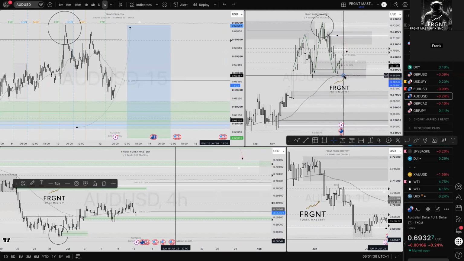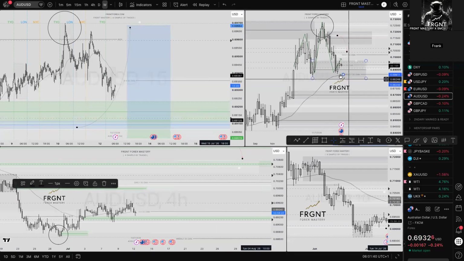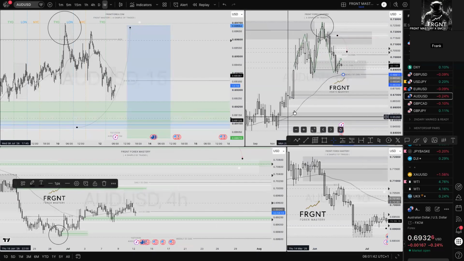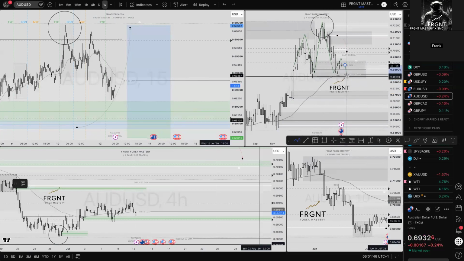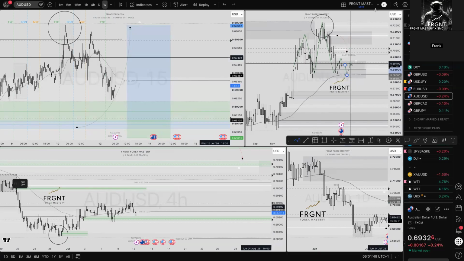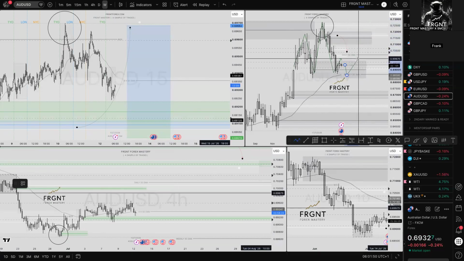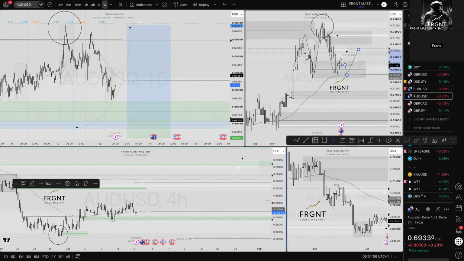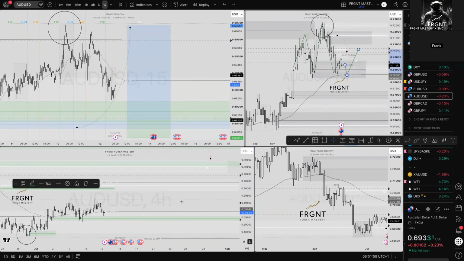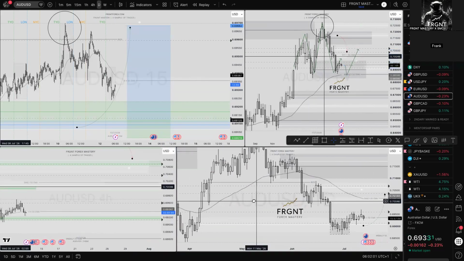In addition to that, we're supporting long with that weekly 50 MA, where look at the performance, price is respecting towards the upside. So if price wants to gravitate back down towards these lows, my expectation is rejection. I don't know where it's going to reject to. However, my expectation is bullish. Therefore, it's down to me now to refine that weekly order block down and understand, can I look for a long position?